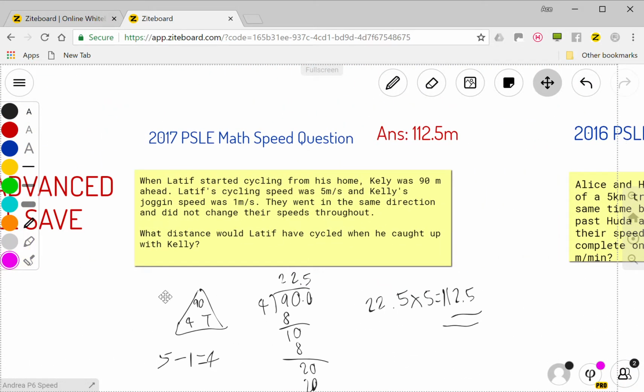This one, the 2017, is just normal. This is the extra speed type. That's what she did. You have to find out what is the additional speed, which is also quite difficult. For some students, they don't have knowledge of this thing, so it's going to be a bit tough for them.